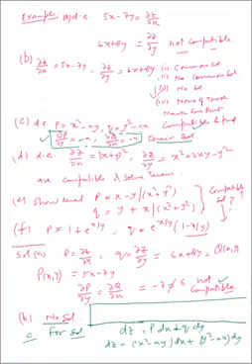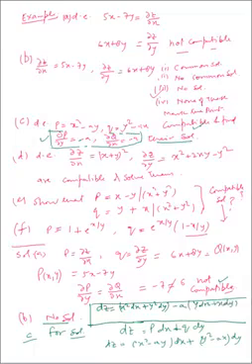Now for solution we find dz, which is P dx plus Q dy. So dz is equal to this. Now we write it, dz is equal to x square dx plus y square dy, minus a we take common, and y dx plus x dy.